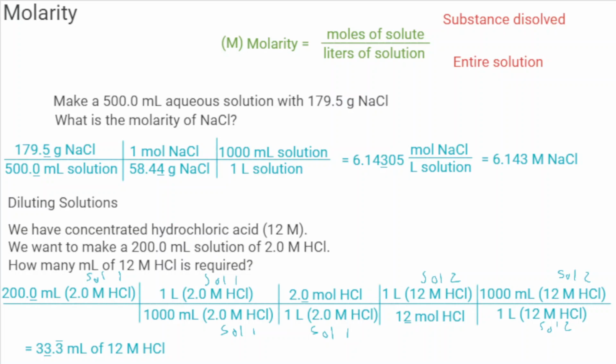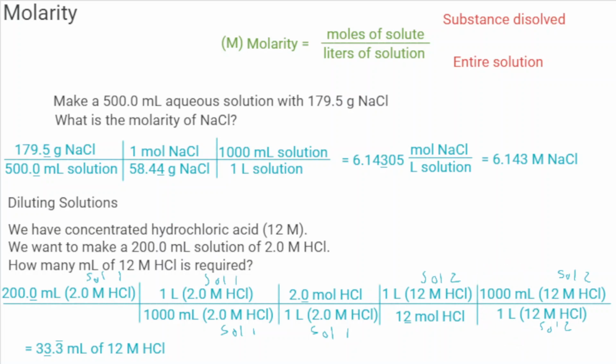For this one, we're going to be good down to 2 significant figures, mainly because we have 4 sig figs here. This is an exact equality, so that's not going to limit us. We're going to have 2 sig figs here for the concentration of our diluted hydrochloric acid. We're also going to have 2 sig figs for the concentration of the concentrated hydrochloric acid. And then this is an exact equality, so that's not going to limit us either.